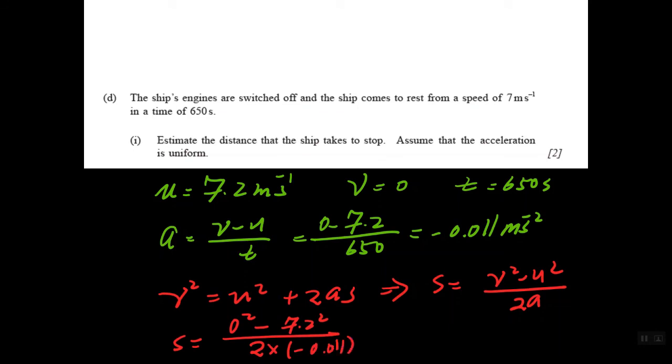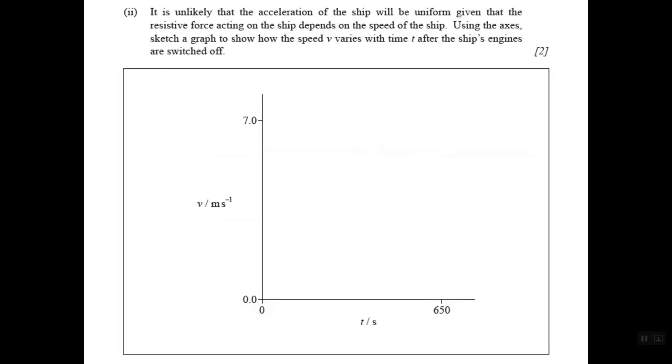Final velocity squared is 0 squared minus initial velocity squared, 7.2 squared, over 2 times the acceleration, minus 0.011. And that gives us 2,400 meters.